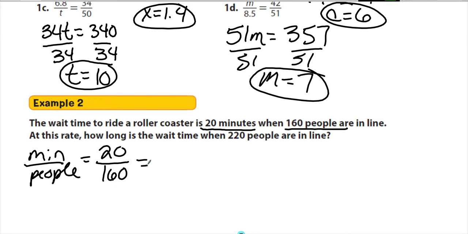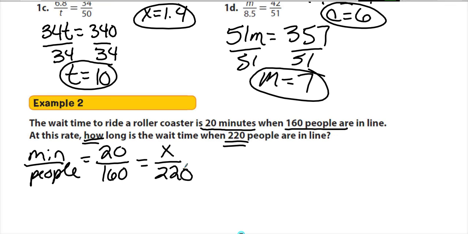Okay, we need a proportion. And it says, how long is the wait time? So if we don't know how long it is, that's our variable. That's going to be x. And then we need 220 people. So how long is our variable? And then 220 is our new number, so 220. All right, we're going to cross multiply here.